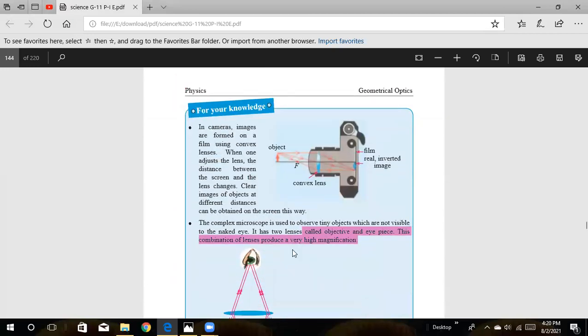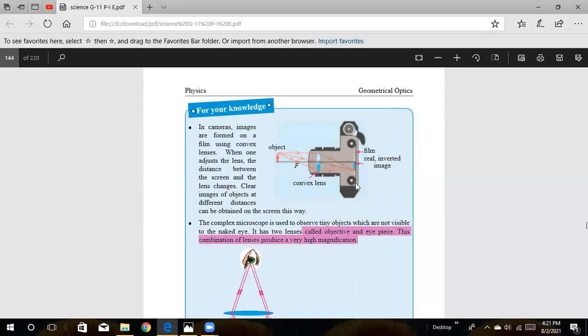Again, extra knowledge for you: the camera. The camera here uses a convex lens. Here the object, and light rays come from the object and refract here. Two light rays refract and form an image here.